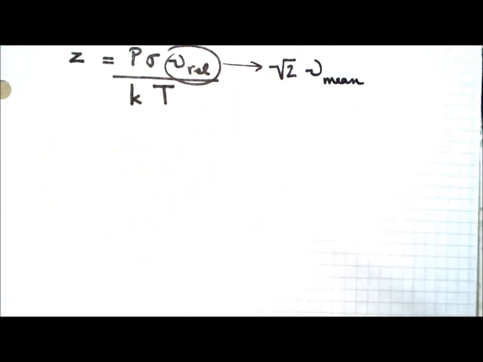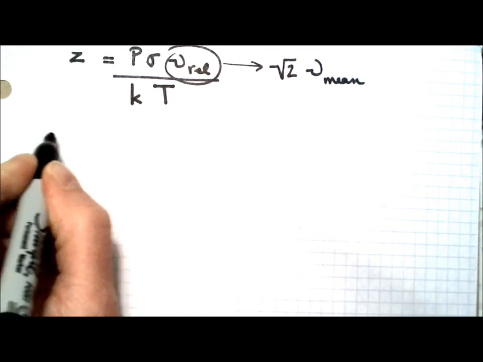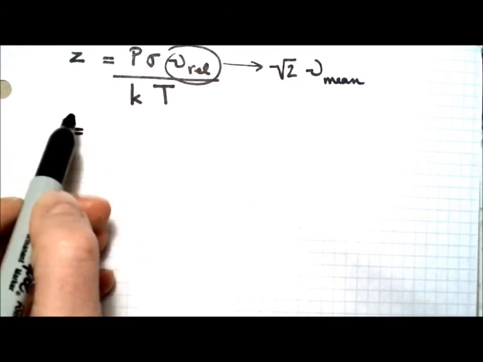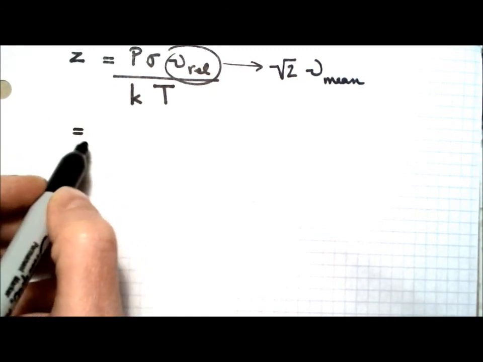And that mean speed is, we saw earlier, equal to the square root of 8RT over pi big M, and its units would be meters per second. Okay, so verifying here that the units should be seconds to the minus 1, and then it actually turns out that way.